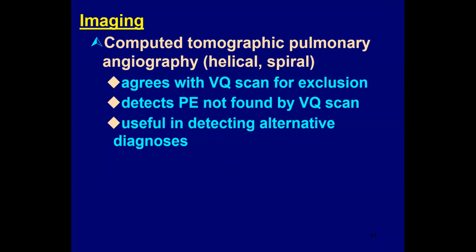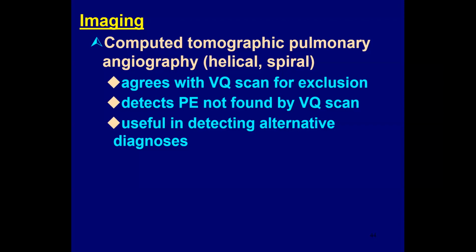Imaging includes, we've already talked about the chest radiograph. Let's go to more advanced imaging. A CAT scan, computed tomographic pulmonary angiography, in the helical or spiral. It's called helical or spiral.